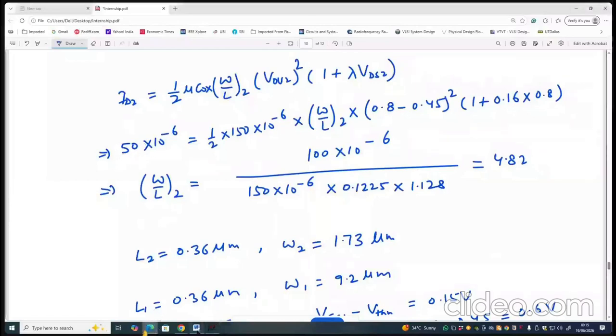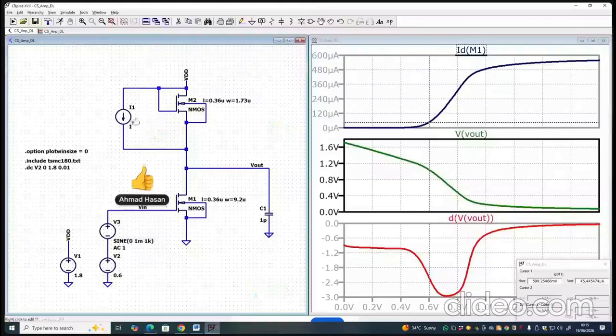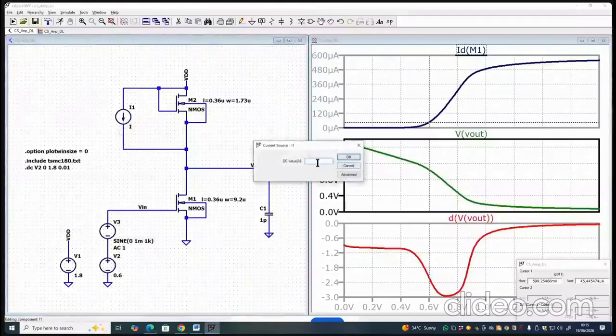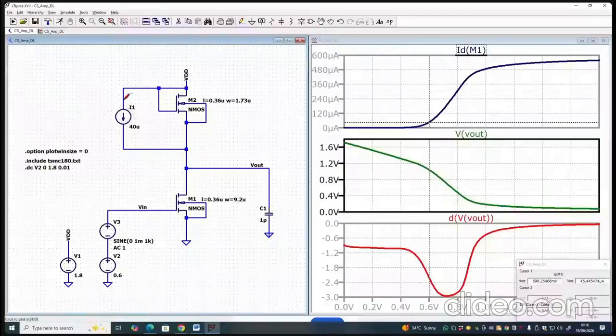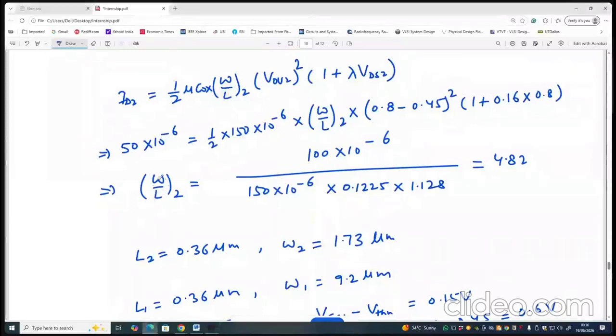Yes, sir. Now what we can do, if we assign 25 microampere current, or you can assign even larger, say, okay, let's say you assign 40 microampere current through this current source, then the current through this transistor will be only 10 microampere.